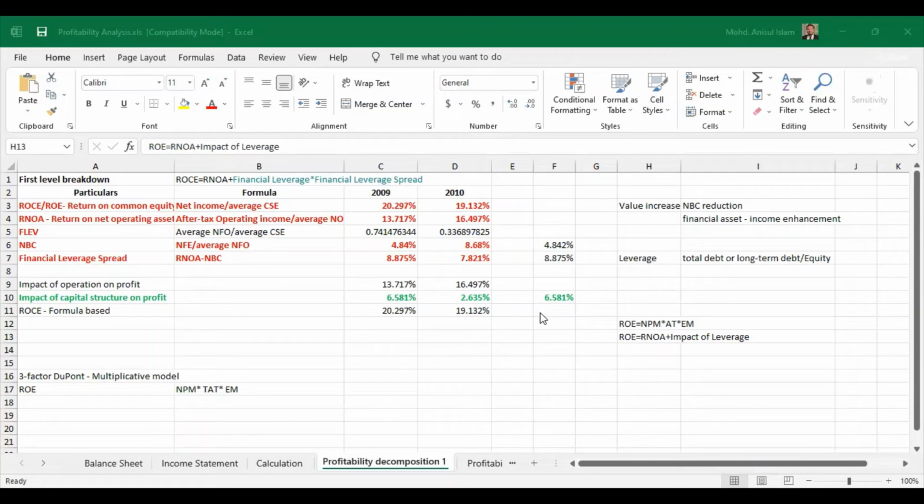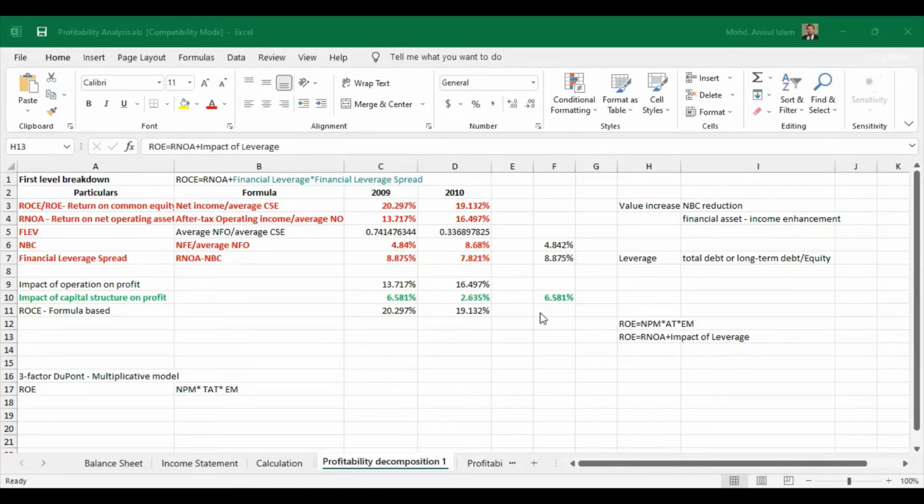So the 8.875% reflects the difference between the return you can generate by investing in your operations, or by purchasing your net operating asset, or by spending money for net operating asset, and the cost you have to incur for the borrowing, or for the financial obligations.